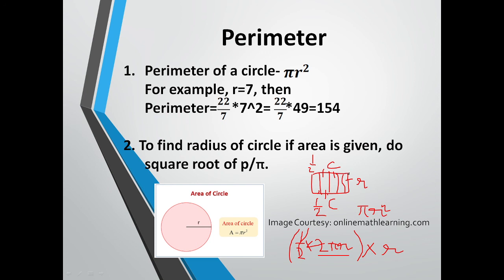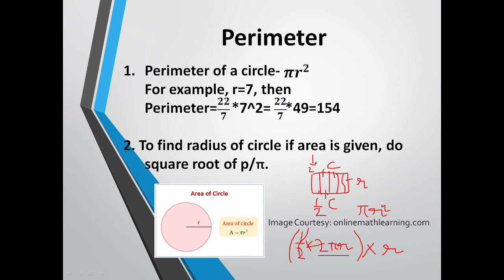So the area of the rectangle is length into breadth, which is half circumference into the radius. Half of the circumference is 1 by 2 into 2 pi r, and the whole is multiplied by r. So half and 2 cancel out, and then pi r into r can be represented as pi r squared. So we get pi r squared.